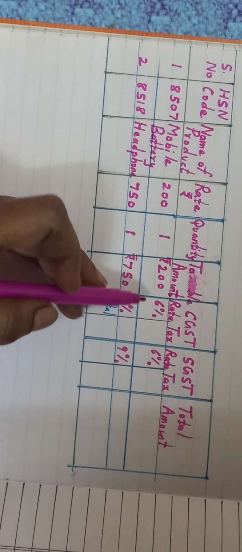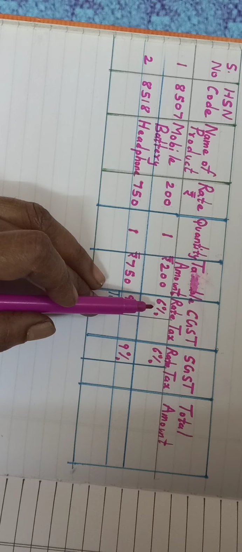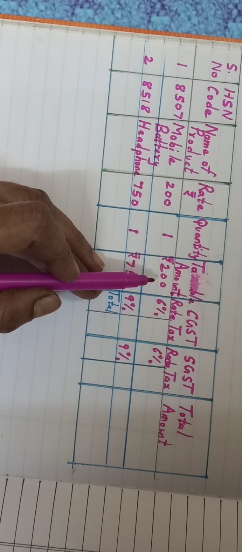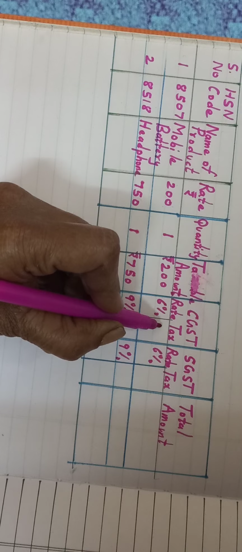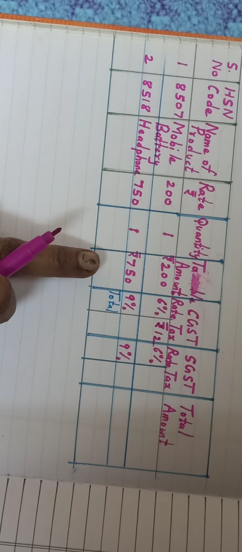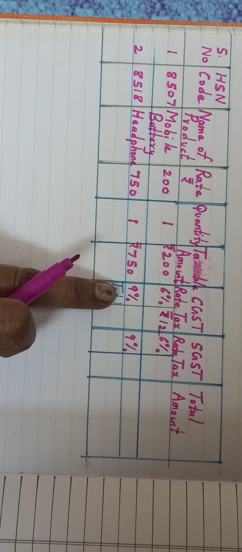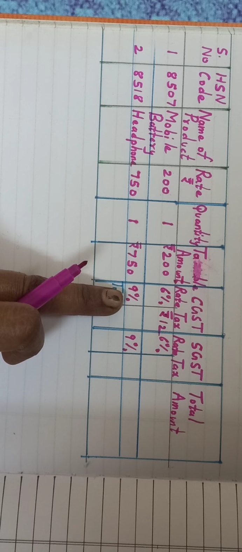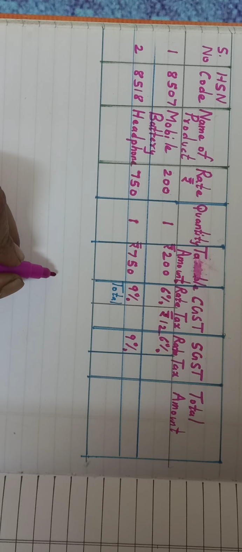So now this can be done orally. For 100 rupees, 6 rupees CGST. So for 200 rupees it will be twice of it, that will be rupees 12. This we need not solve and show, but for this you will have to do 750. For 100 rupees 9 rupees. So for 750 how much? That we have to solve and check.